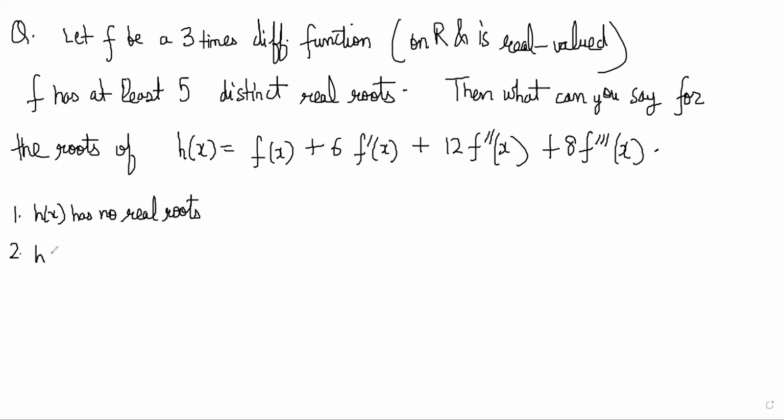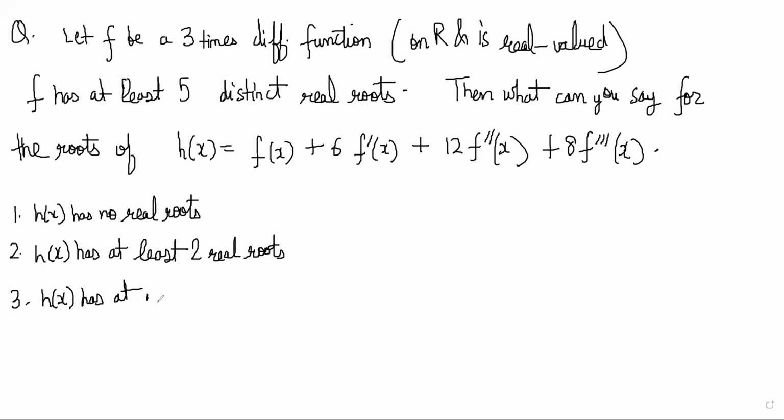Second one is h of x has at least 2 real roots. Third one is h of x has at most 2 real roots. And fourth one is none of these. So we will use the concepts in this chapter to try to figure out this one. Think about it for a couple of minutes.